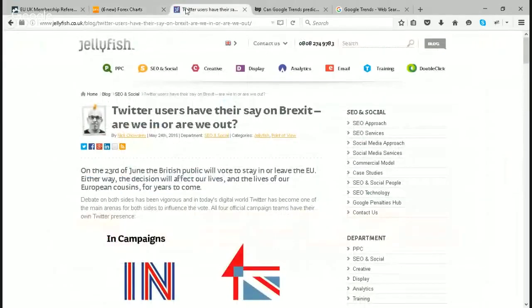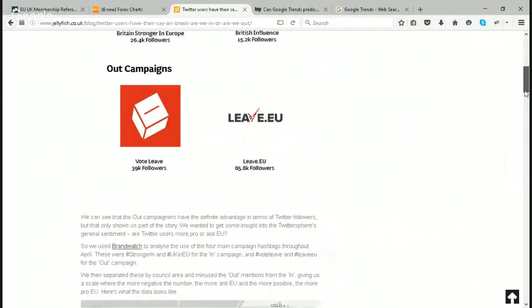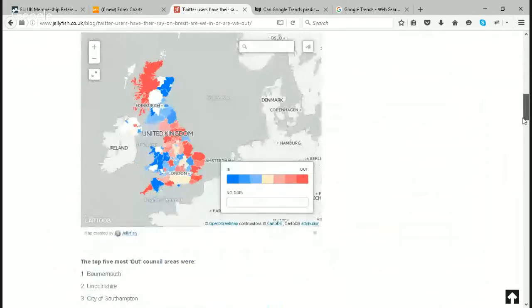So here we have, say, Twitter. You can just look at how many people are saying hashtag stronger in and vote out. I think they seem to be the relevant tags. And this is interesting because you can see how varied the country is.